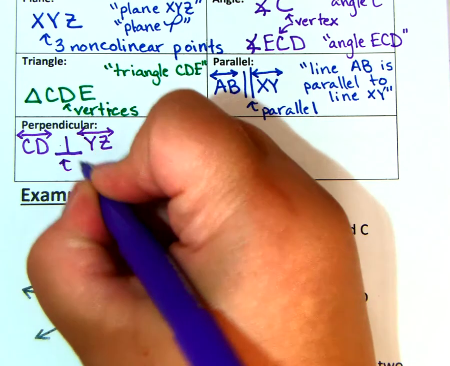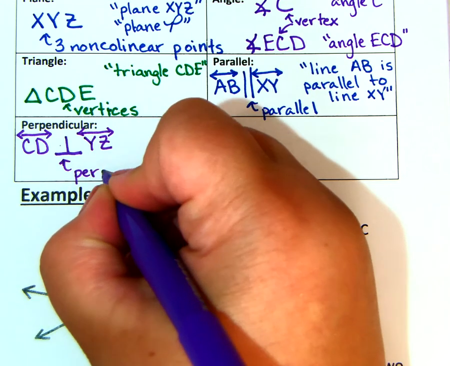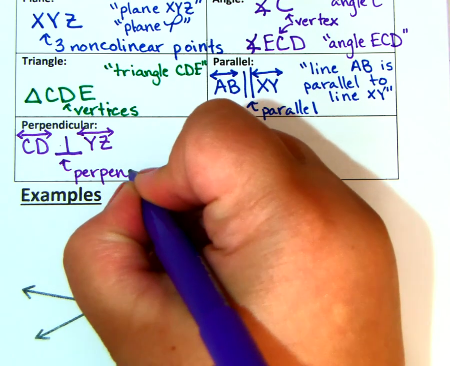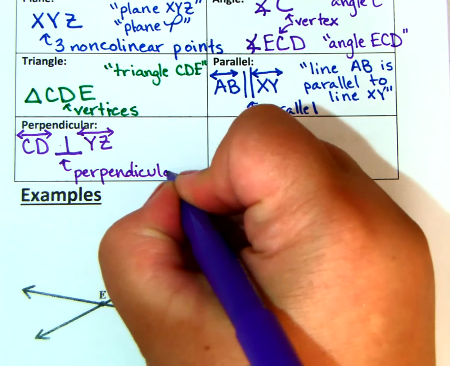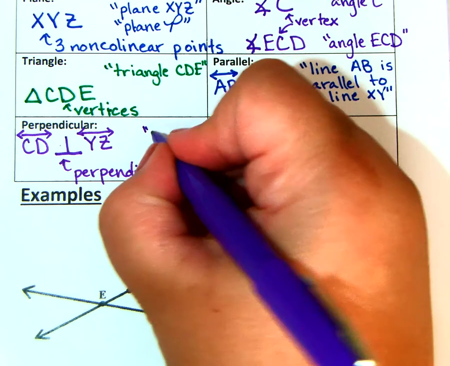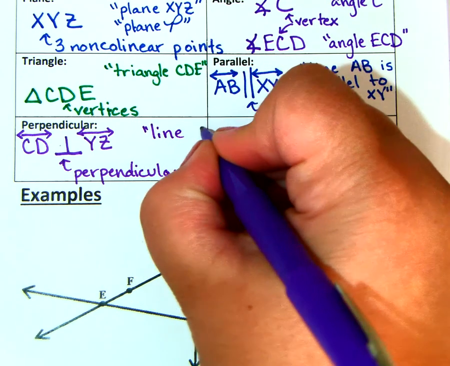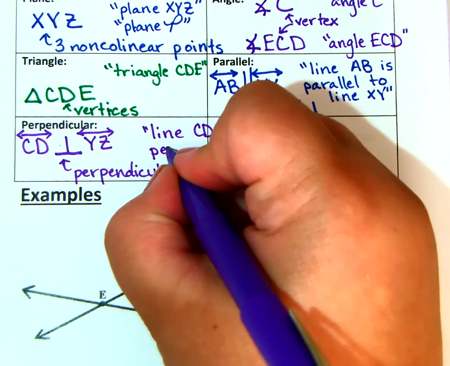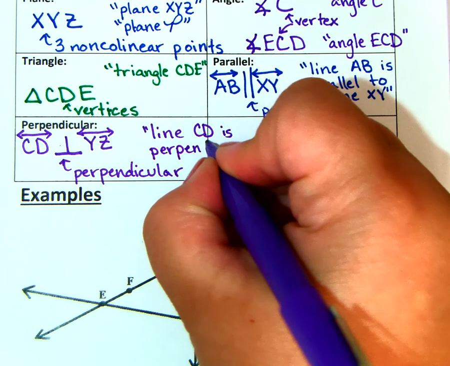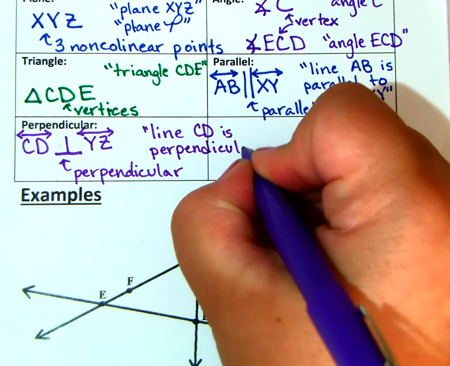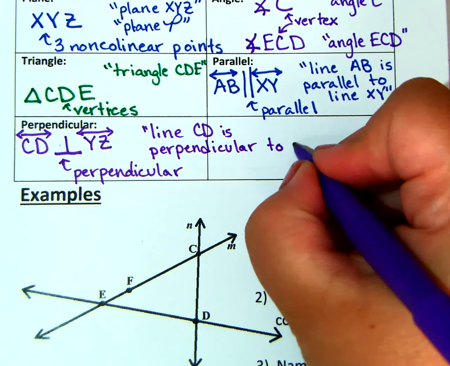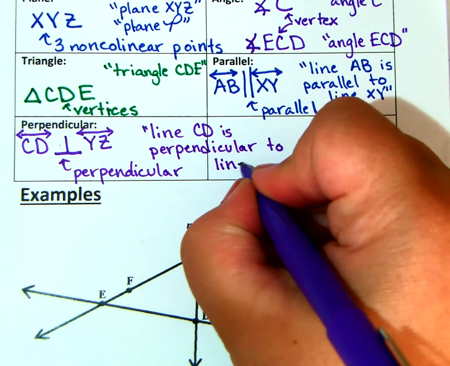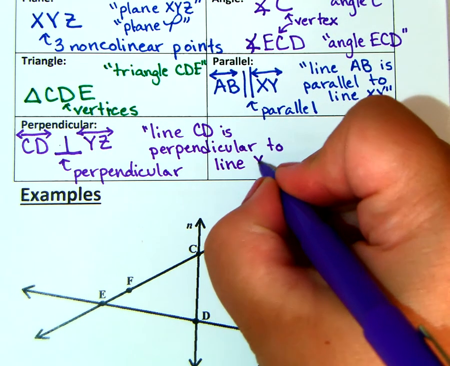So this is perpendicular. And you would say it, line CD is perpendicular to line YZ.